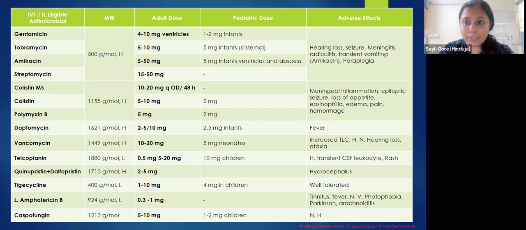So drugs like vancomycin require higher doses if the ventricular size is enlarged due to infection or inflammation. But if the ventricles are still normal, then the vancomycin dose needs to be lesser. So yes, it does depend on the size of the CSF or ventricle spaces.